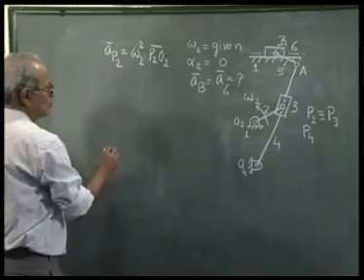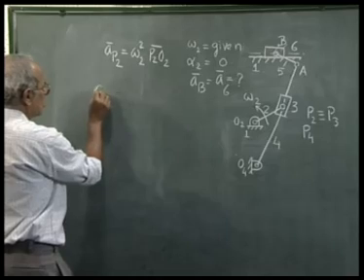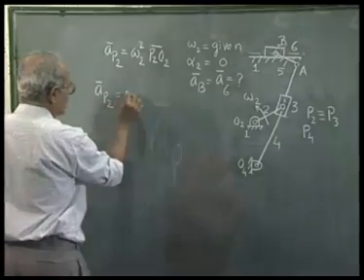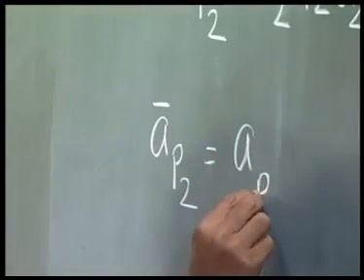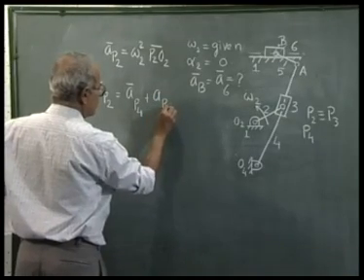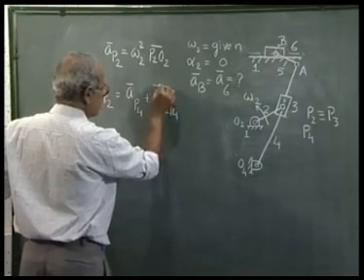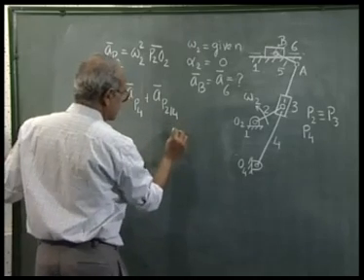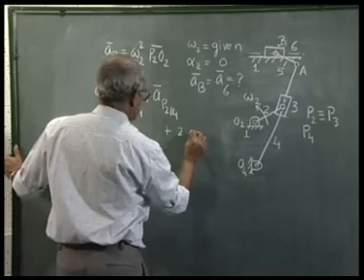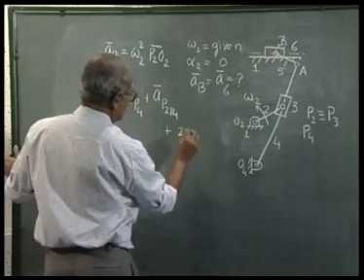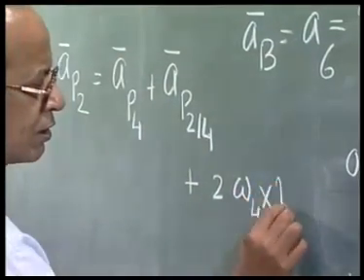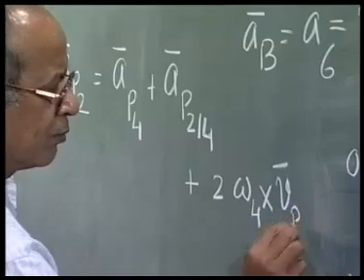Now we know, considering the two coincident points P2 and P4, I can write AP2 equals AP4 plus acceleration of P2 in body 4 plus the Coriolis acceleration, which is twice omega 4 cross V P2 4.